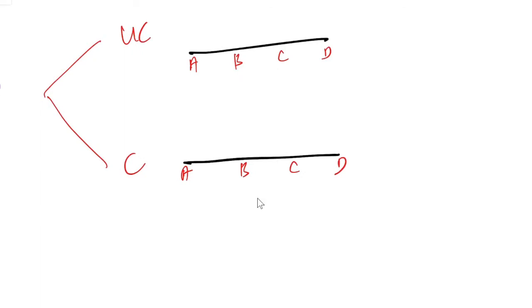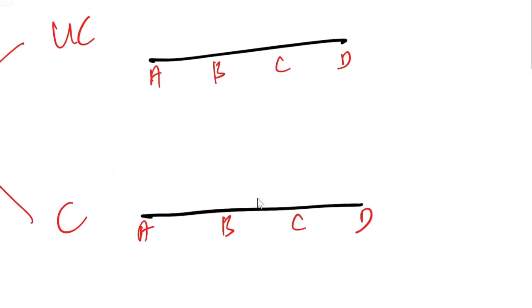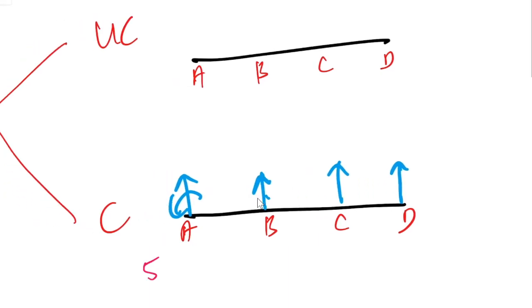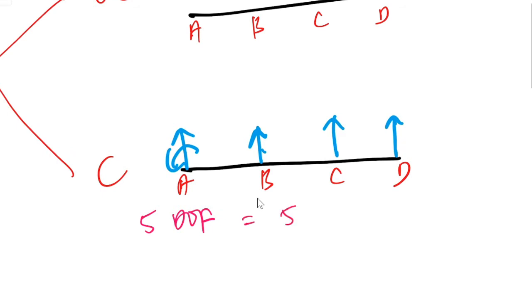So what we get is like this: Y and Z at A, Y at B, Y at C, Y at D, which means that there are 5 degrees of freedom.